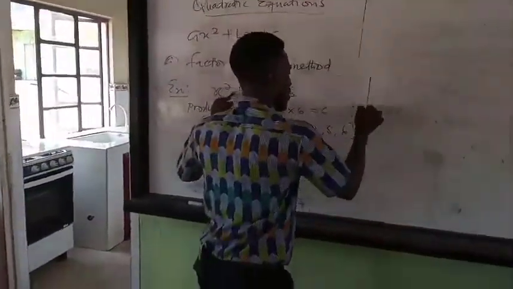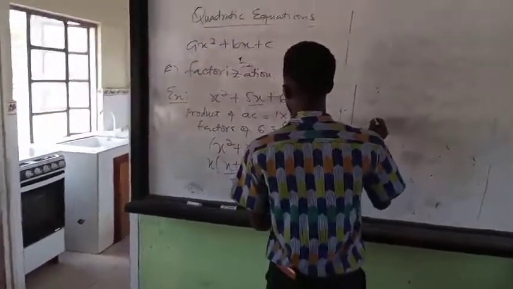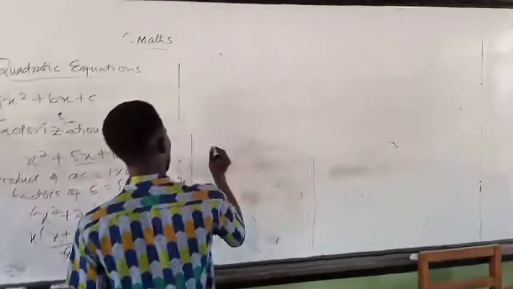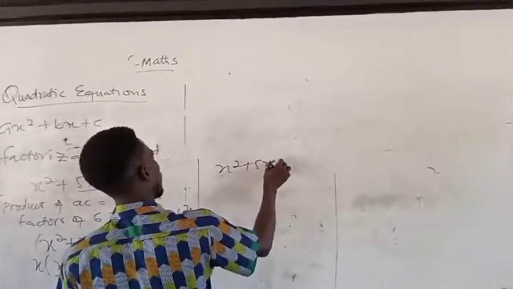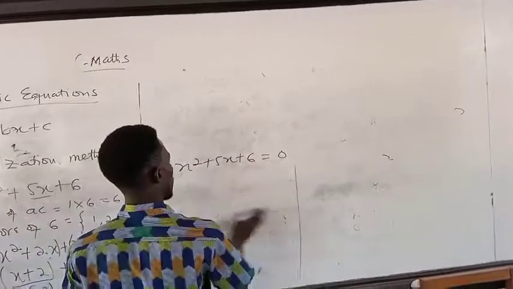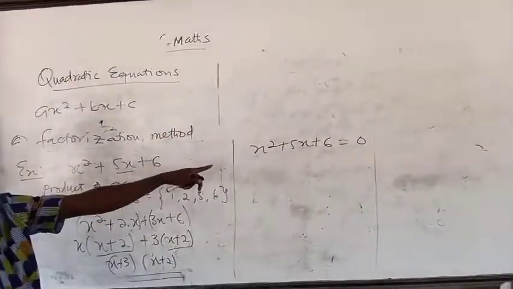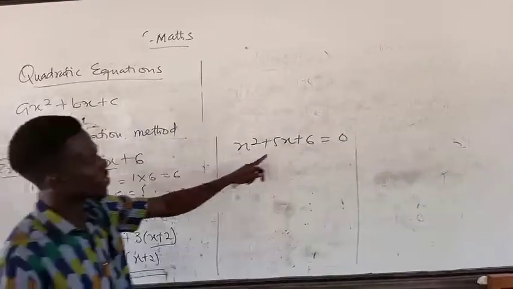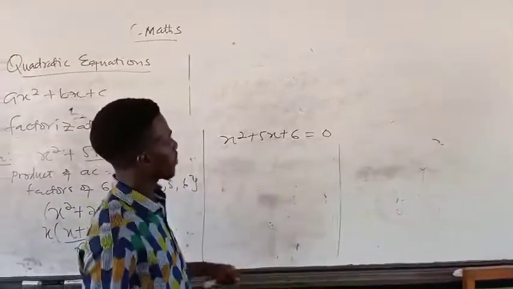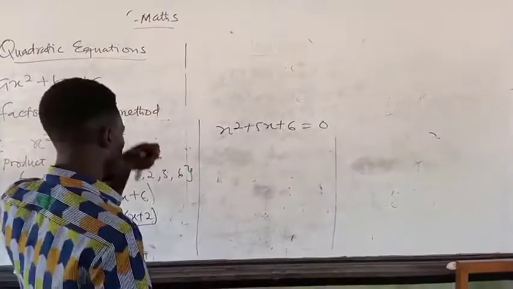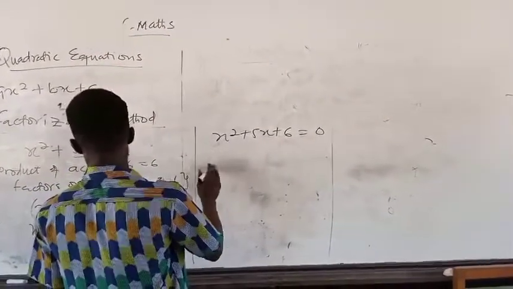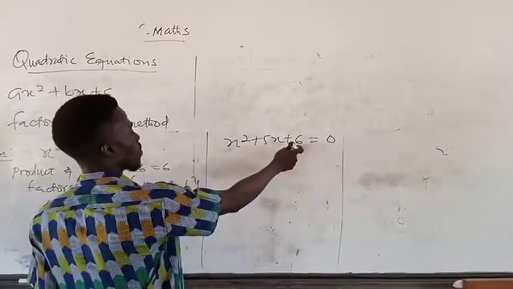Now with this same question, if you are asked to find the values of x that will satisfy this equation, in this case, you are given equal to 0. Because you are given equal to 0, you go by the same thing, find the factors of 6.